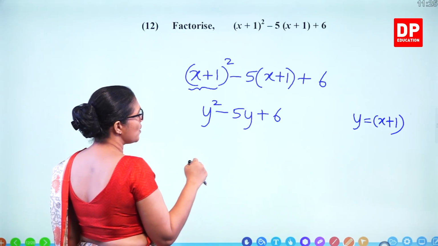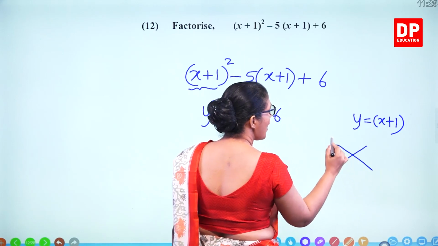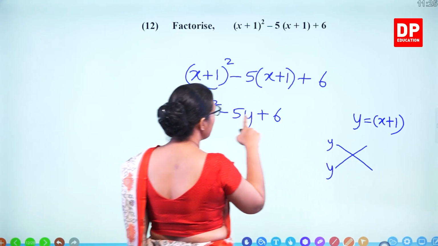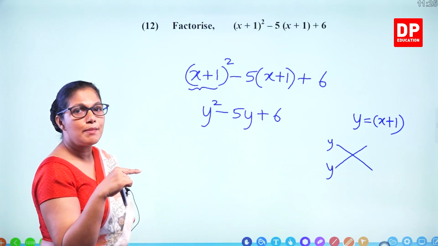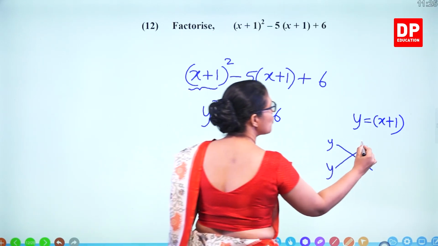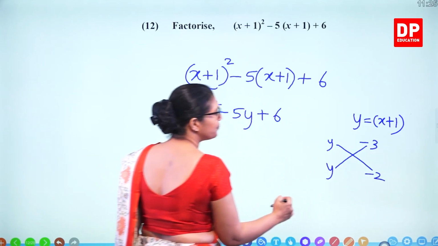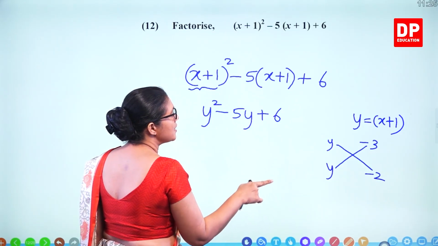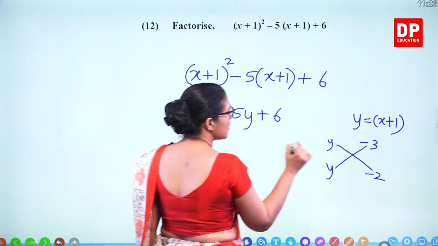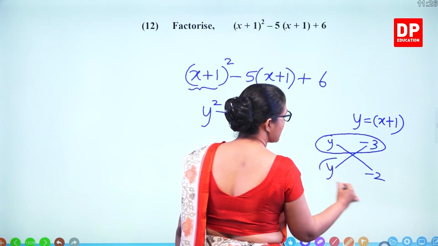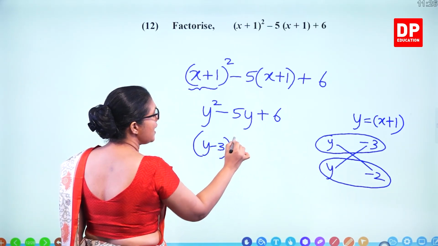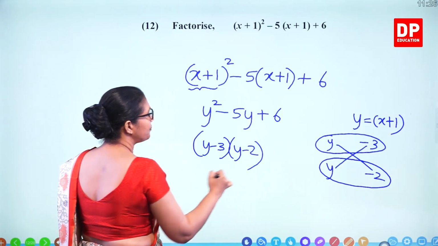How do we factorize? What's the short method? Now try to use short methods. Factors of 6, but the middle term is minus. The addition is minus 5, meaning 3 and 2, so minus 3 and minus 2. Multiplication is plus, but the middle term is negative, so both are negative. So the factors are y minus 3 and y minus 2.